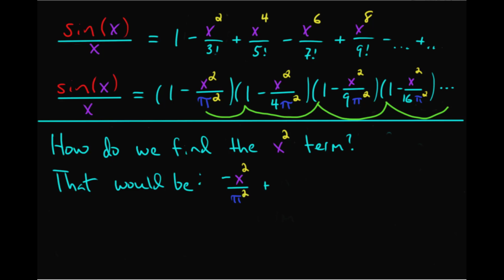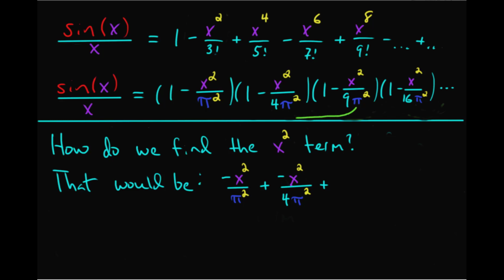But that's not the only way to get an x squared term in this infinite product expansion. I can also let that first 1 in the first binomial multiply the term negative x squared over 4 pi squared, and then let that term multiply 1 and multiply 1 again and multiply 1 again, infinitely so on, just multiplying 1, 1, 1, 1, 1. That will give me the term plus negative x squared over 4 pi squared.